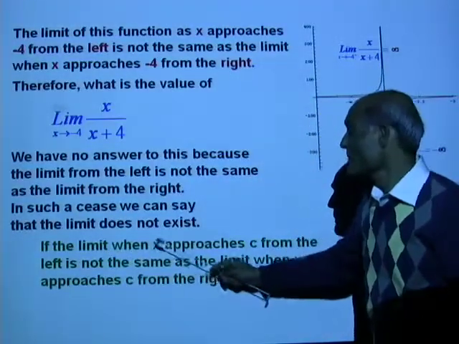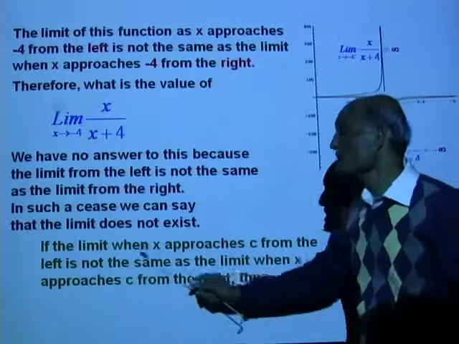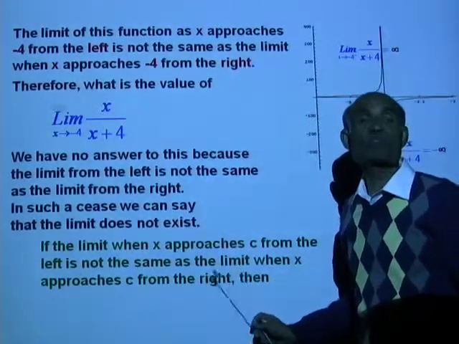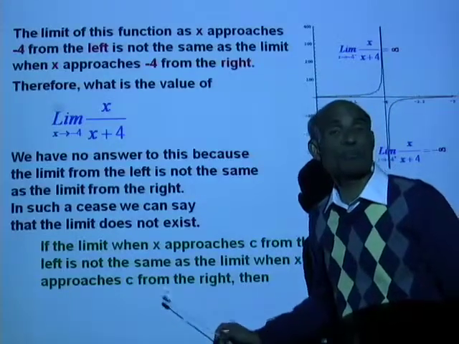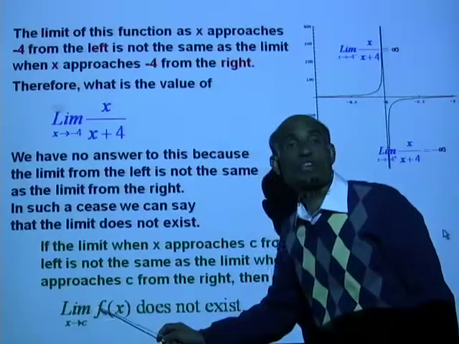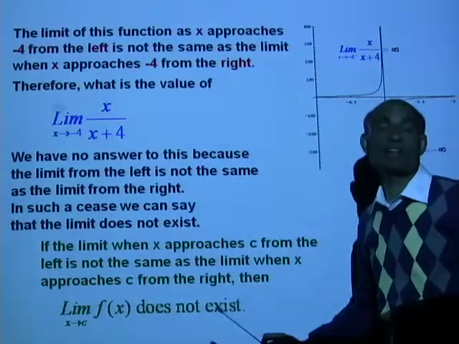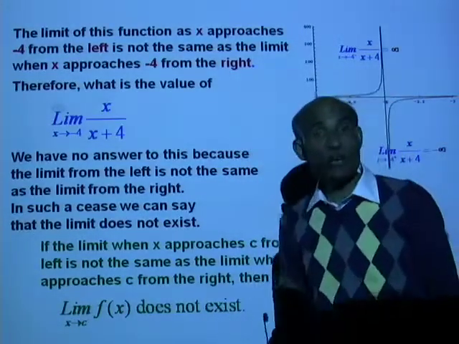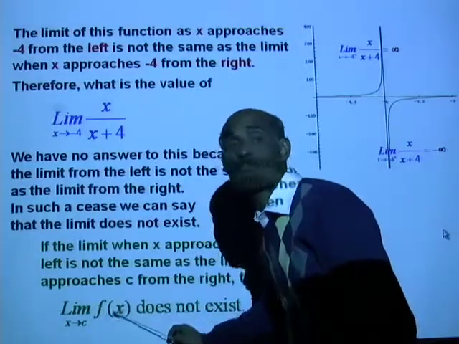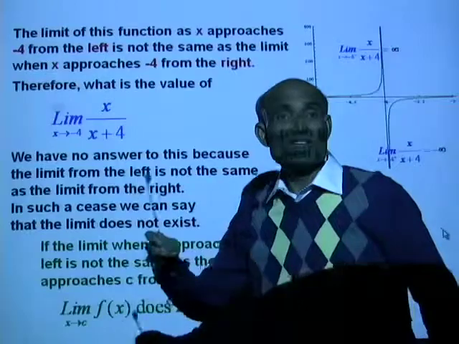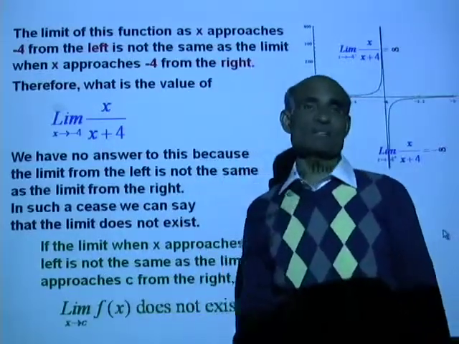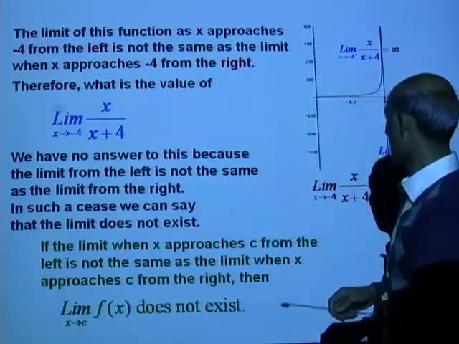If the limit when x approaches c from the left is not the same as the limit when x approaches c from the right, then the limit x approaches c, f of x does not exist. In order that the limit exists, the limit from the left has to be equal to the limit from the right. Okay.